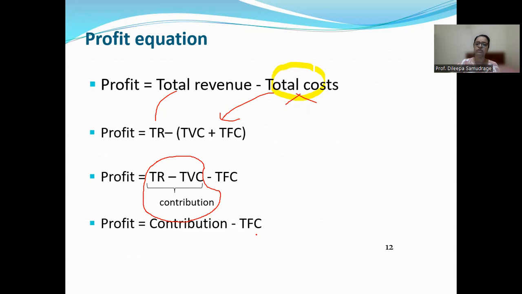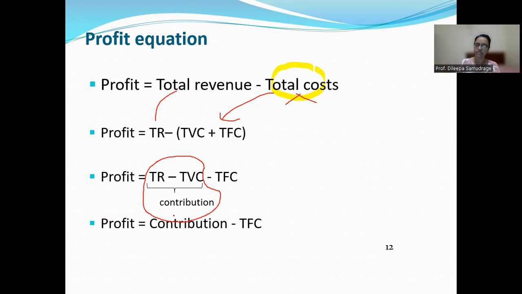From the contribution, you deduct your total fixed cost, right? So now you know profit is contribution minus TFC, right? So to get the profit, you should have a bigger contribution compared to fixed cost.